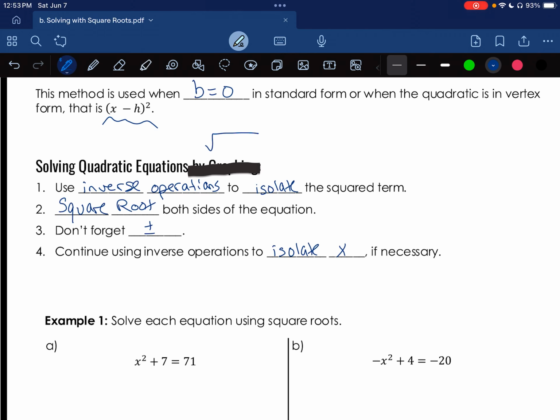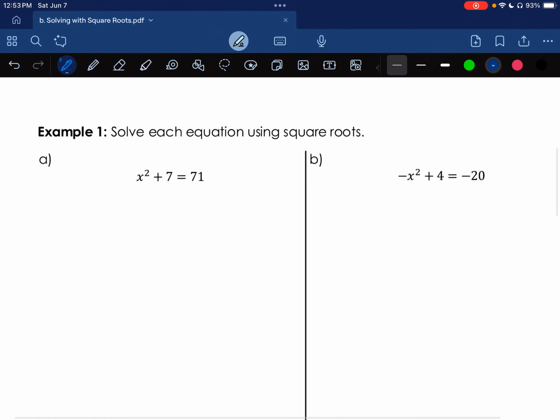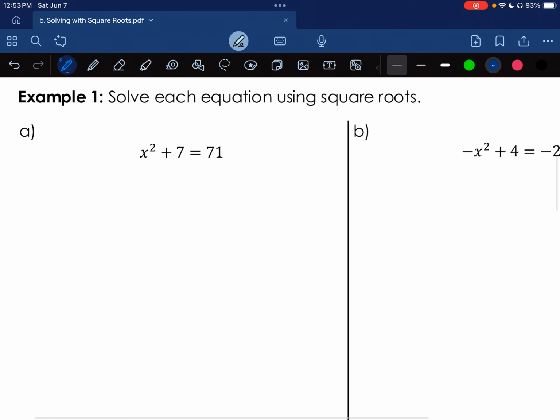All right, so let's see what's going on here. All right, so I have x squared plus 7 equals 71. So again, I'm trying to isolate this x squared. So I'm going to start by subtracting 7 from both sides, and I'll get x squared is equal to 64.